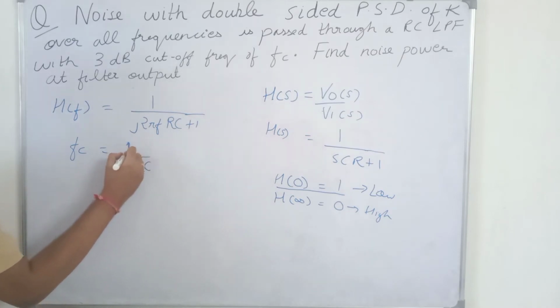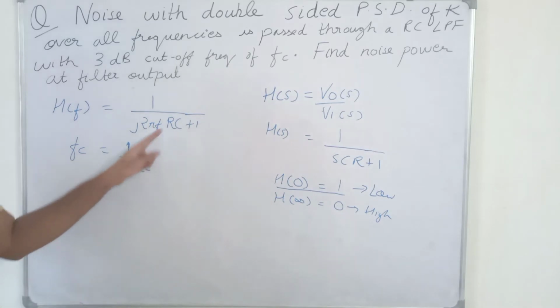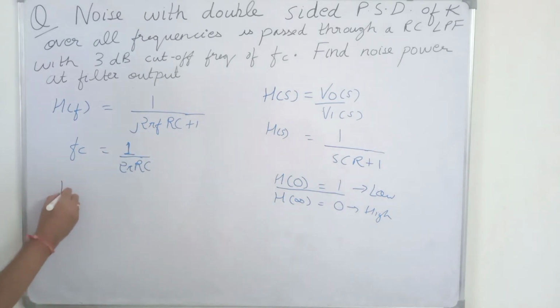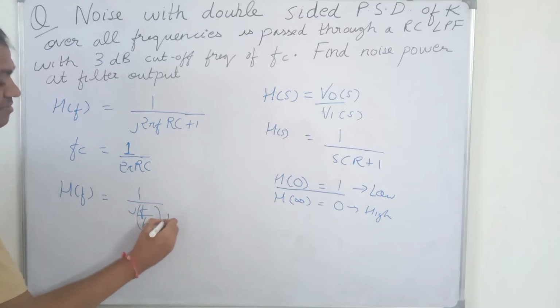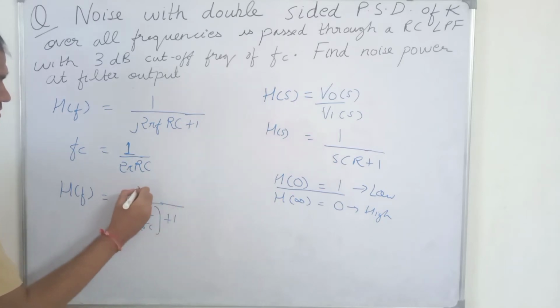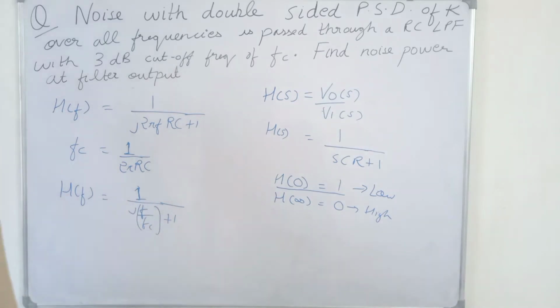This is the 3 dB cutoff frequency. If we substitute the value of FC here, then H of F will be equal to 1 upon j F upon FC plus 1. So this is the frequency response.